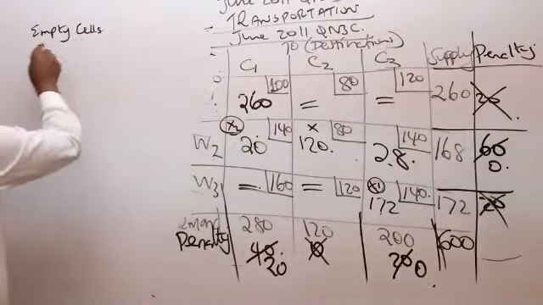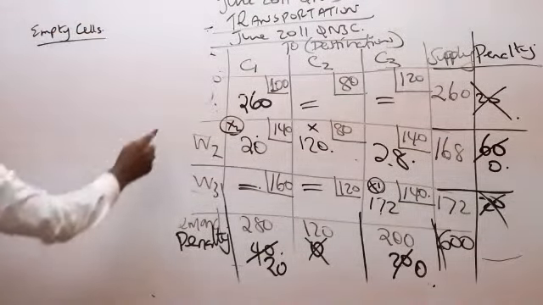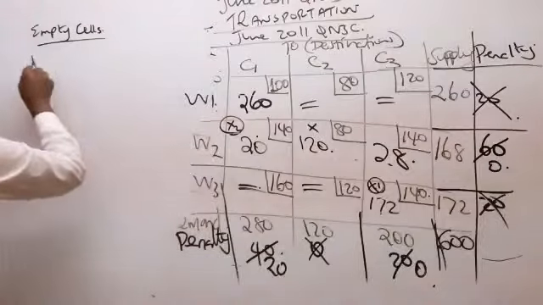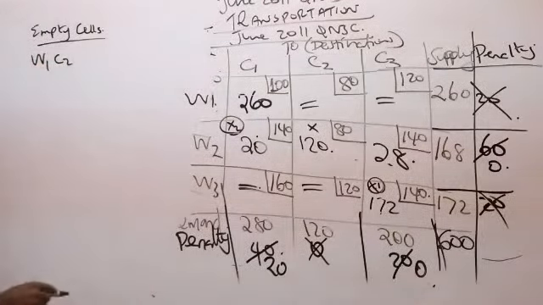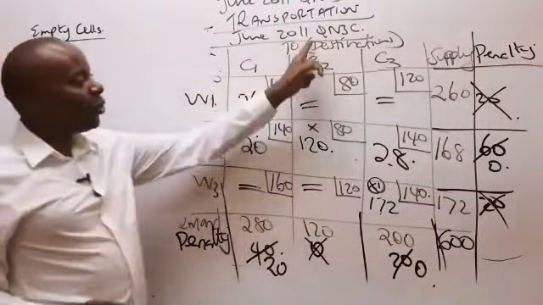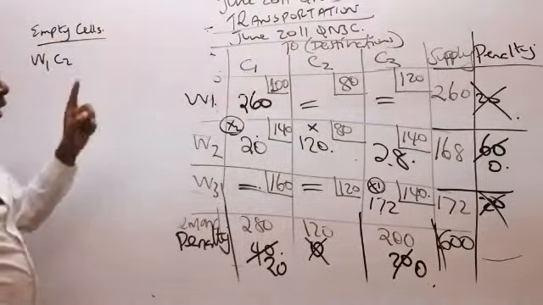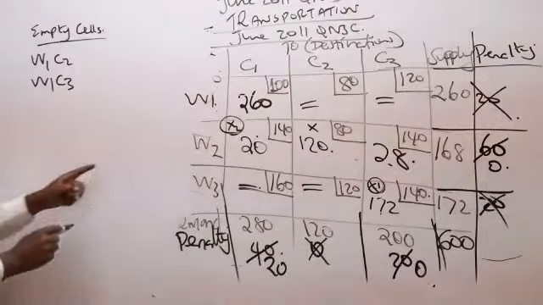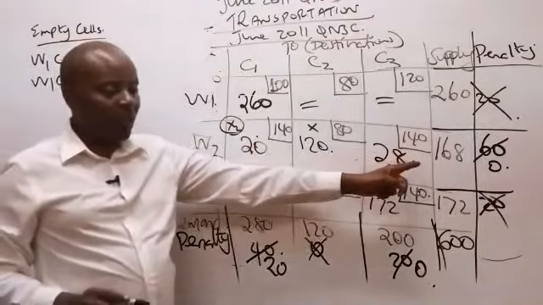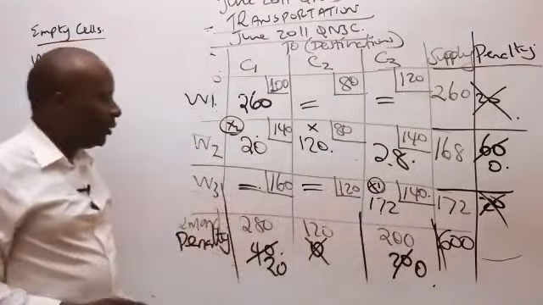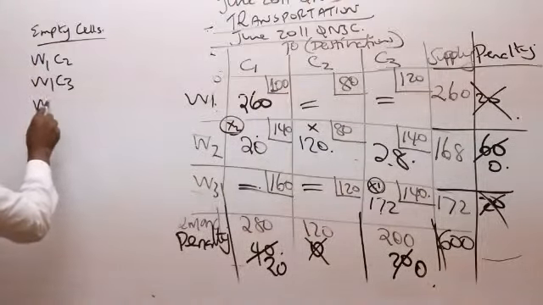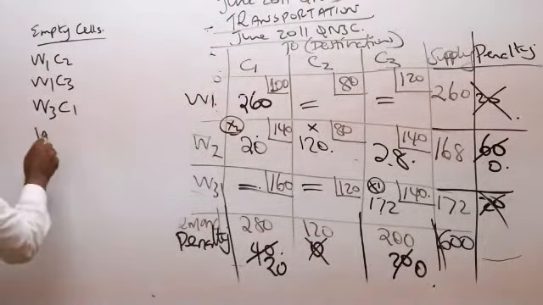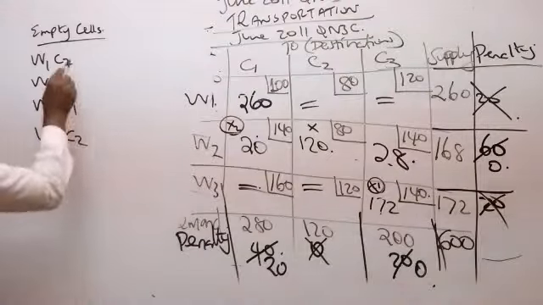In this case we have W1C2, W1C3, W2 where I can't see an empty cell, W3C1, and W3C2.